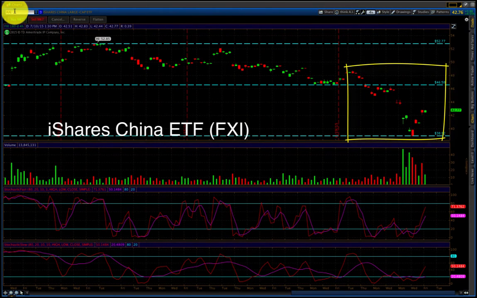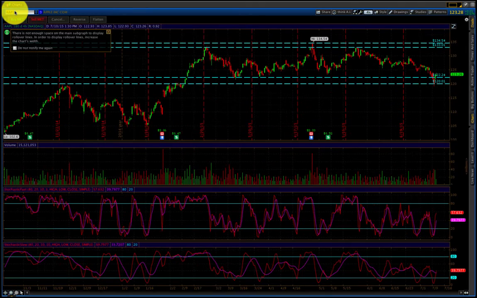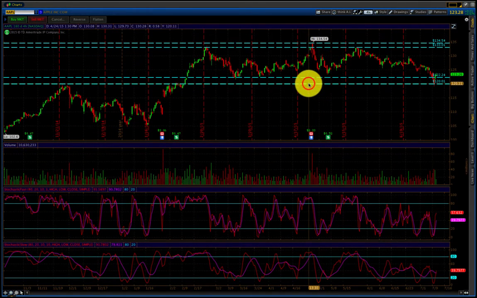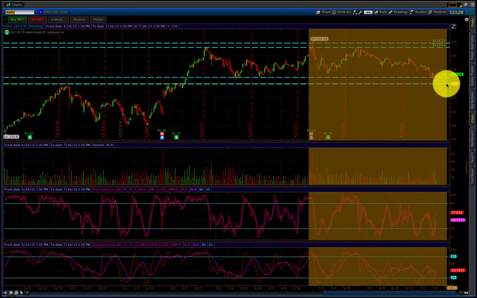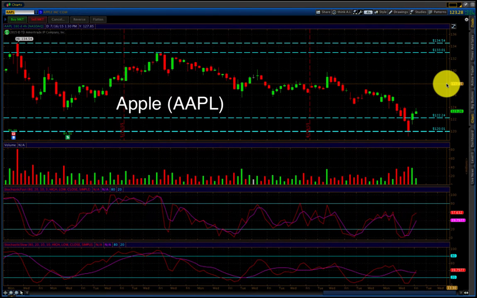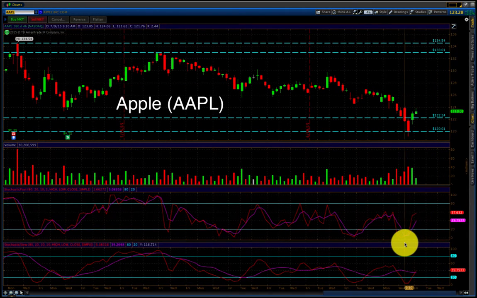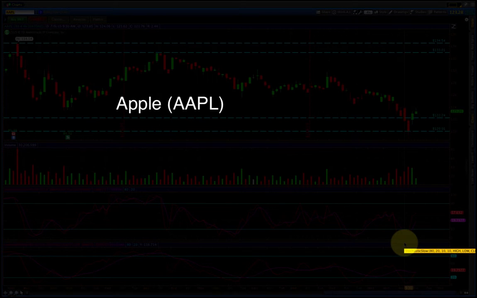Let's look at Apple on the 4-hour chart, since we still have our levels in. We'll take it from the earnings high. Yeah, so we get this little bullish bounce here.